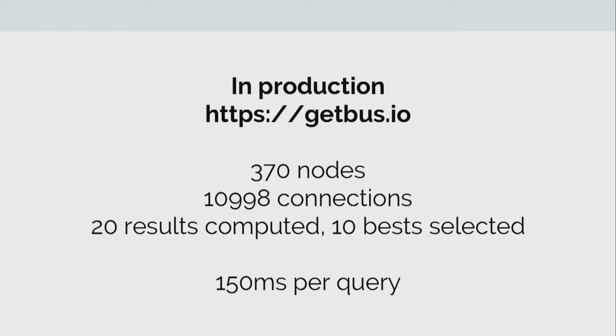Like in 100 milliseconds, I'm able to give an answer usually, and at max it's 150. The network is not that big, but it's quite big for the biggest city. So it's a really interesting algorithm for that.